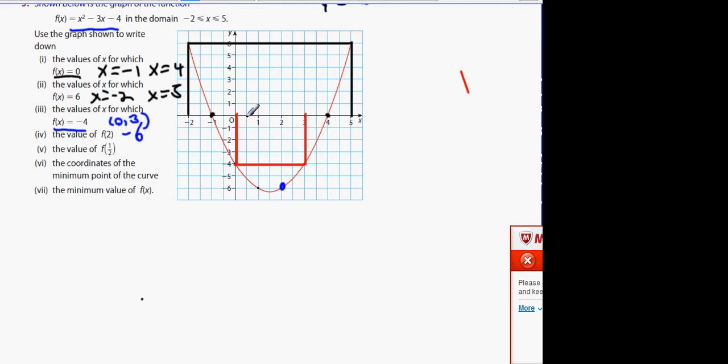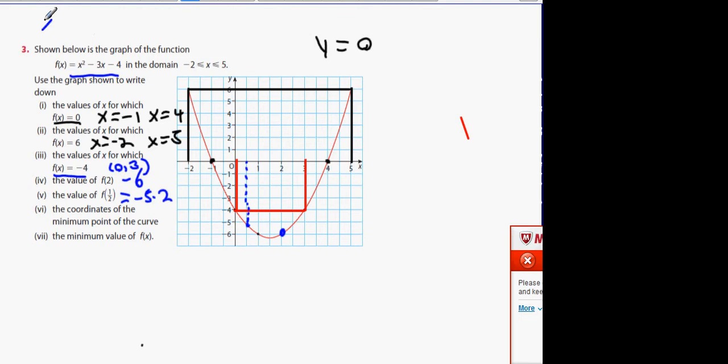What about f of a half? Where's the half located? Here. Go down, and where does it hit? Minus 5.2-ish, is it? How would you find out the exact value? Put in x equals a half into the equation, and you get 0.5 squared minus 3 times 0.5 minus 4.